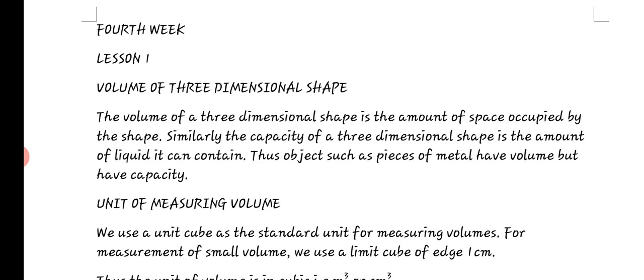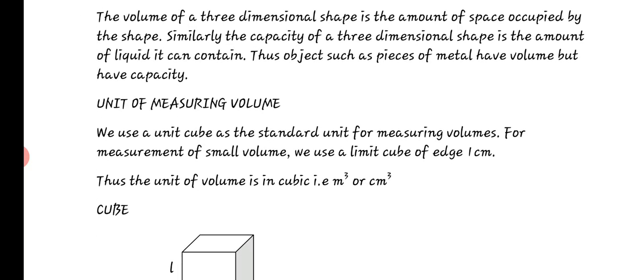They say 2,000 liters, 1,000 liters, 5,000 liters. That is the capacity of that tank. The capacity of a keg, the capacity of a cup, that is the amount of liquid those things can contain. So objects such as a piece of metal do not have volume. They only have capacity.